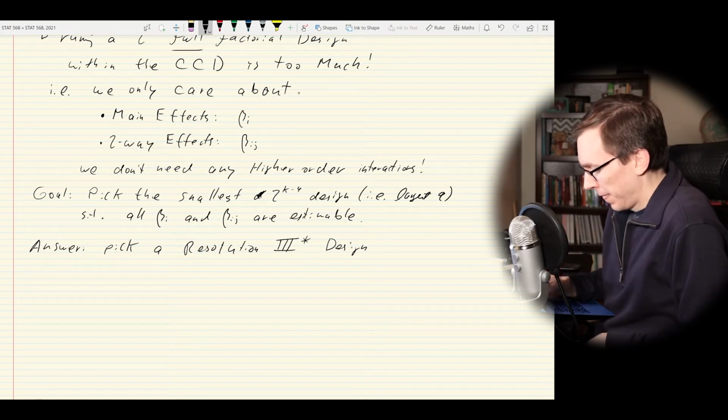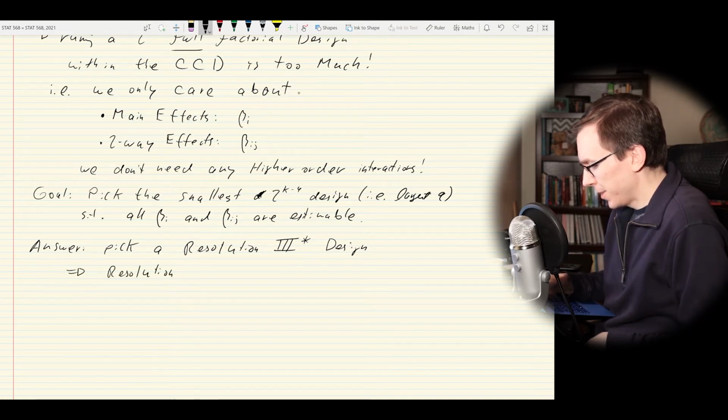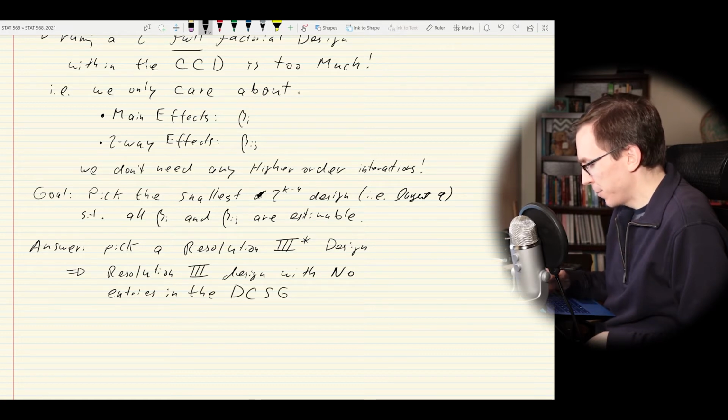Well, this is a resolution 3 design with no entries in the defining contrast subgroup being of length 4.